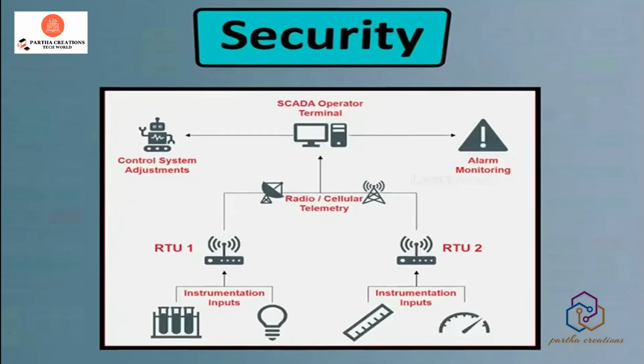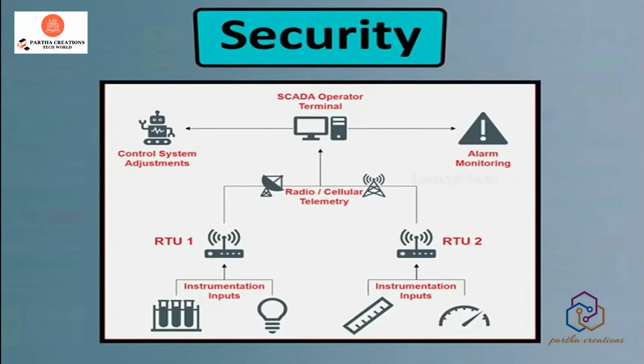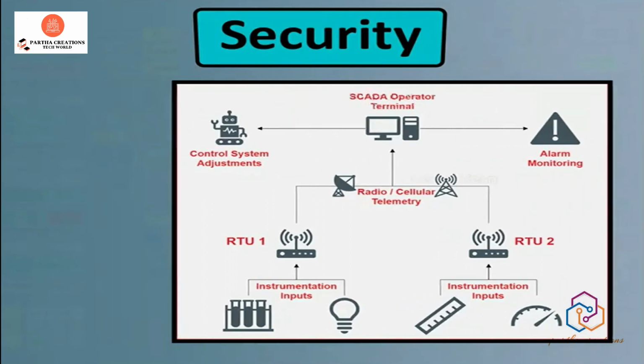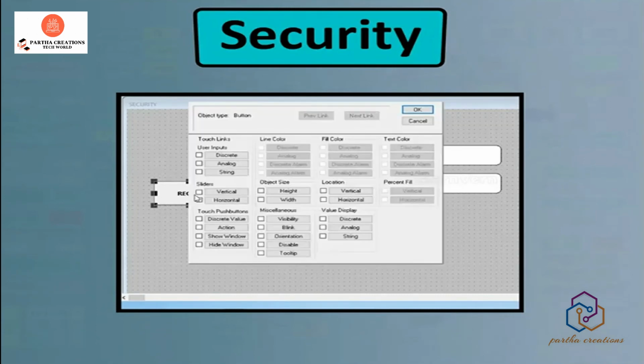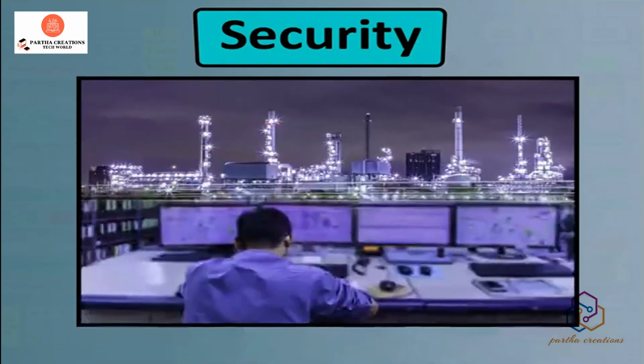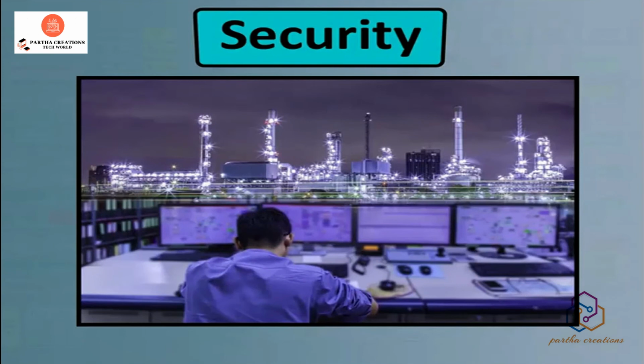Furthermore, security. What is security? To secure anything, here in SCADA, as it has many different features, many different windows can be made in SCADA. Whenever we develop SCADA in a plant, we never keep everything in a single window. Some data we need only for monitoring purposes, and some data we need for controlling purposes. So for everything a new window is made.